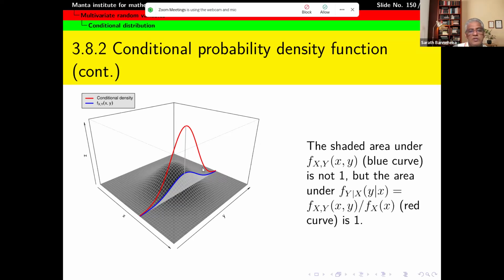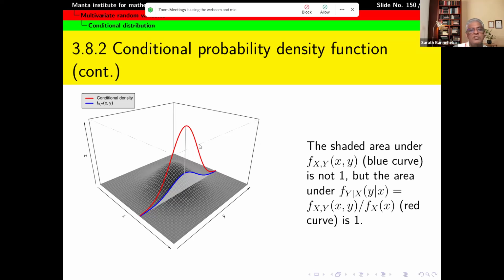After you divide this density by the height of the marginal density, which you already know how to get, the marginal density is the integration of this function, that means the area of this. When you divide by the marginal, you will get this function. So the area under this curve will be equal to 1.